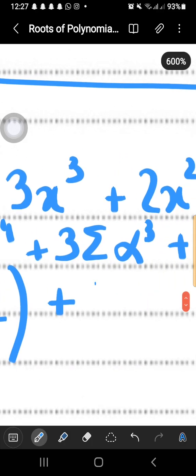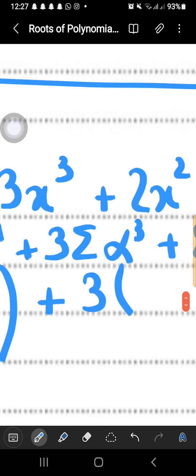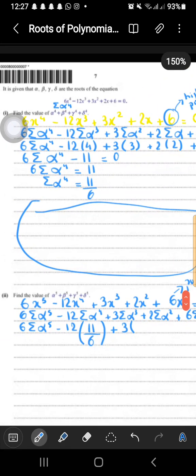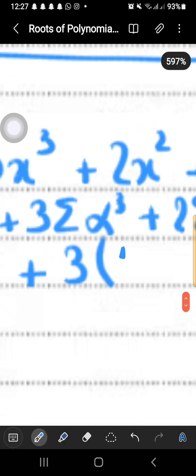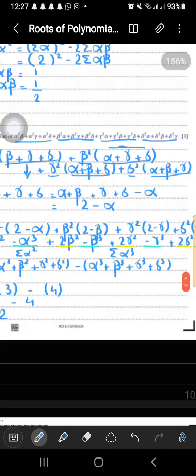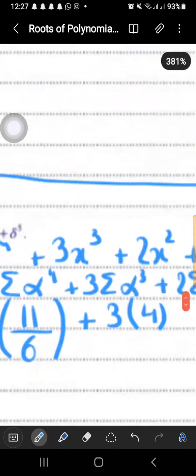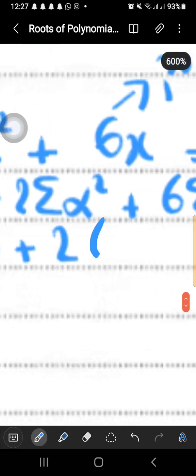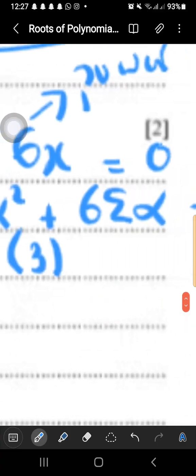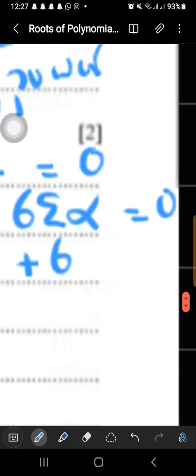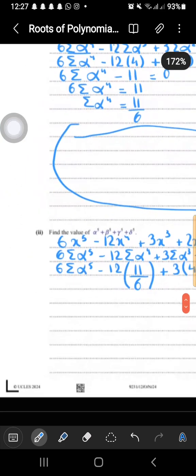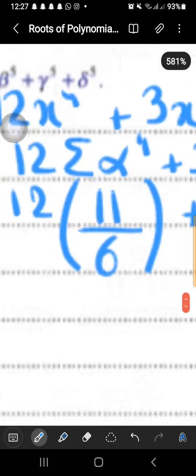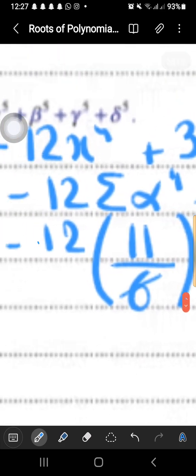Then plus 3 summation alpha cube, let me check what alpha cube was, it was 4. Then plus 2 summation alpha square, which was 3, plus 6, that is equal to 0. This will get cancelled here.